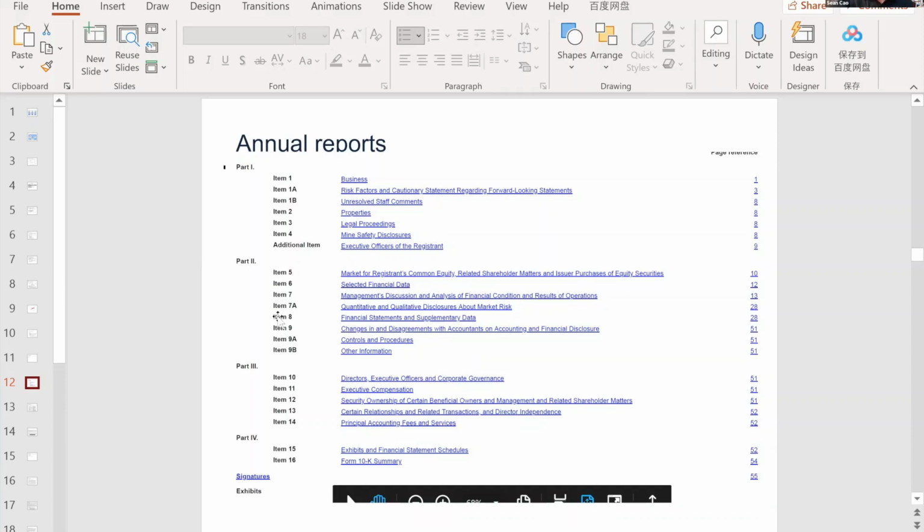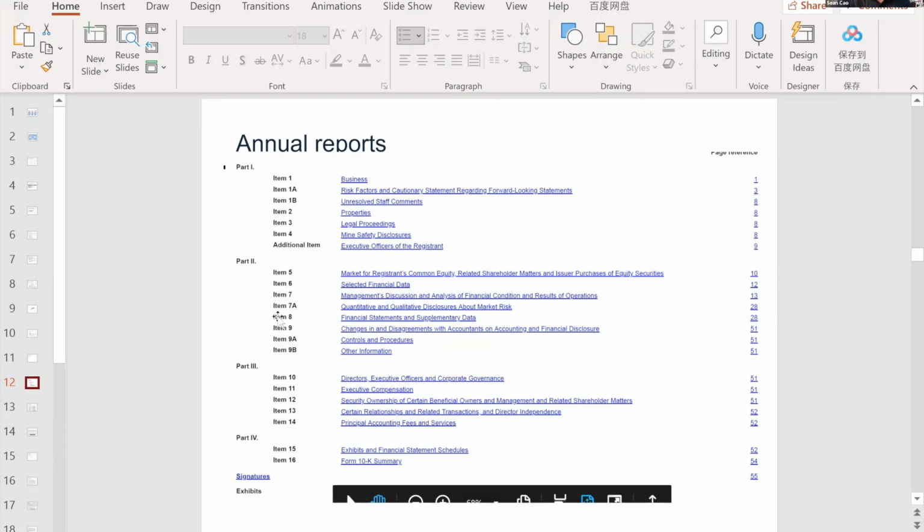These are numbers, like I told you guys. Item 7 is another thing we're talking about. Then Item 7A, Item 8 with numbers, Item 9, controls and procedures, and we also have Item 10 and Item 11, executive compensation.